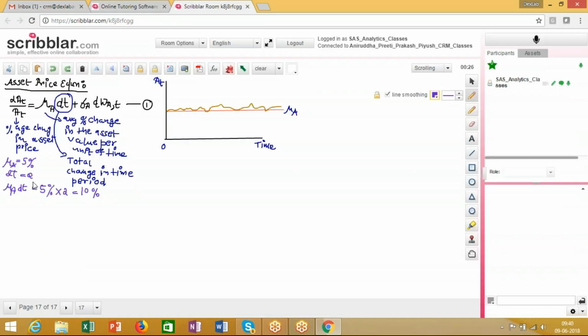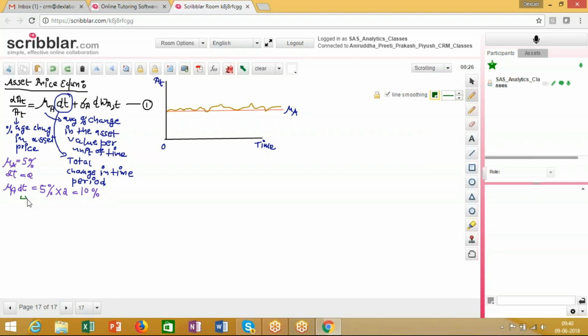So what I'll say is that in the next 2 years, the average change in the asset price, or the average value of the asset, would be 10%. So this shows the total average change in the asset price.